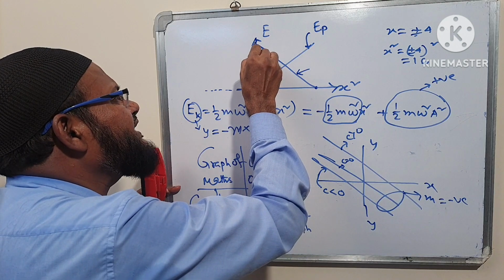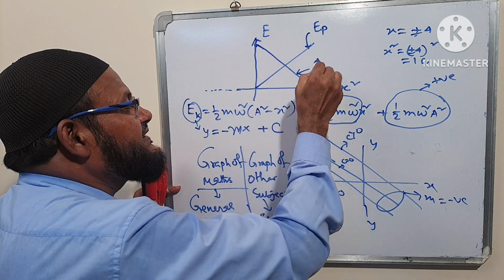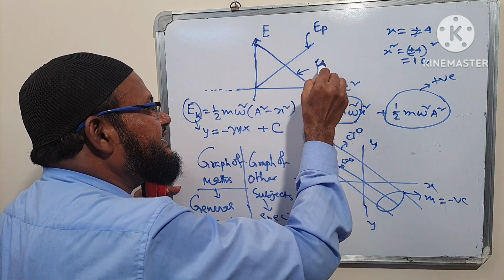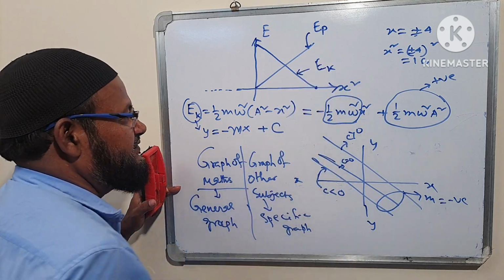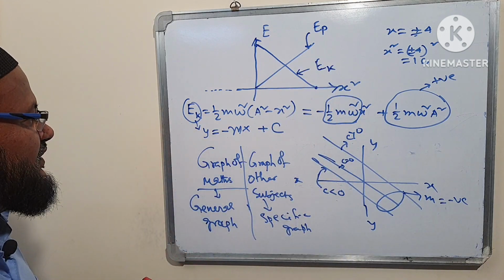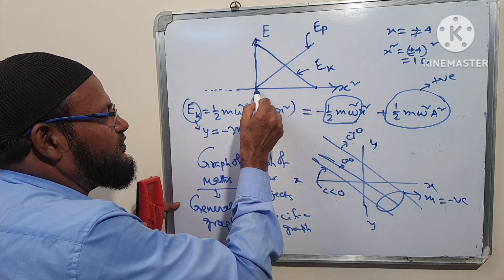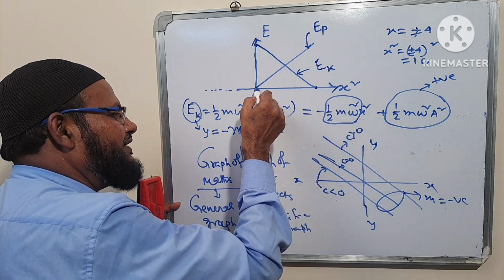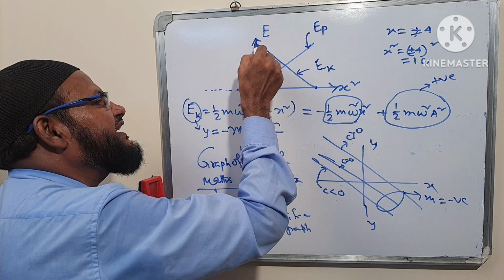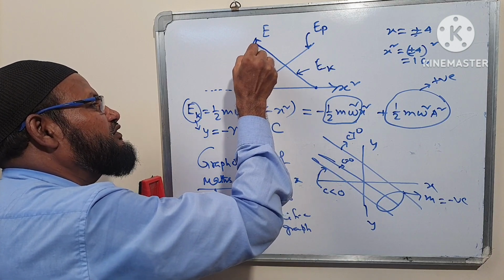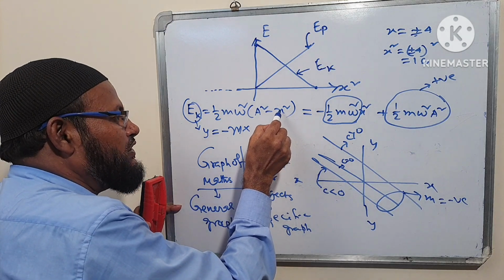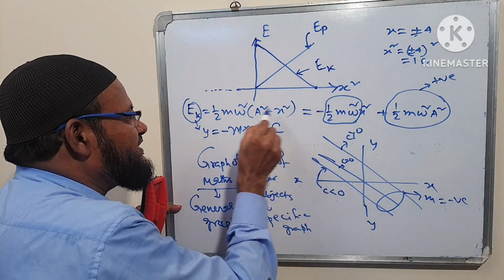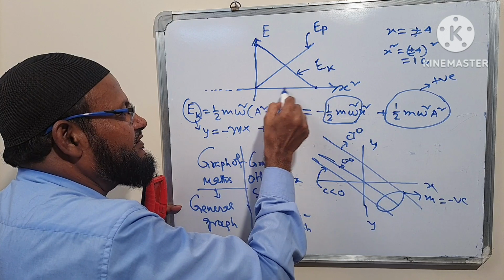Therefore, if we extend this a bit to this side, it will be wrong. What is the coordinate at this point? In this case, sir, this is Ek. We have seen the formula. Sir, x equal to 0, so the value of x square is 0, so here is maximum energy. The coordinate of this point: here maximum energy. Next, here take x plus or minus, whichever, sir, after squaring, the value of this point is 0.